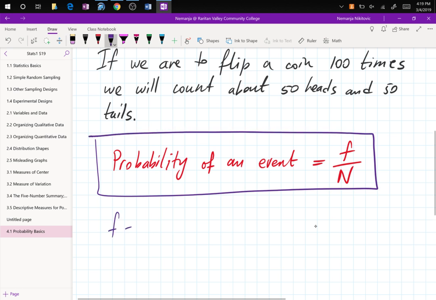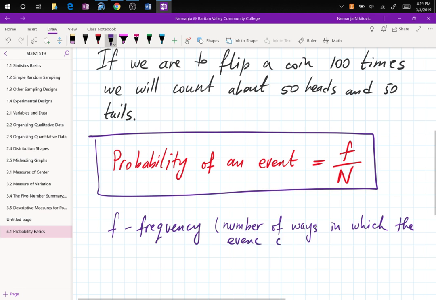F is the frequency, so the number of ways in which the event can occur, and capital N is the total number of possible outcomes.